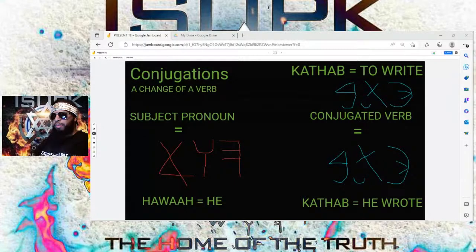You guys remember me telling y'all, when you are creating sentences, depending on what you're saying and how you're saying it, only one of the verbs has to be conjugated within that sentence. If you have two verbs in a sentence, most likely only one of those verbs is going to have to be conjugated.